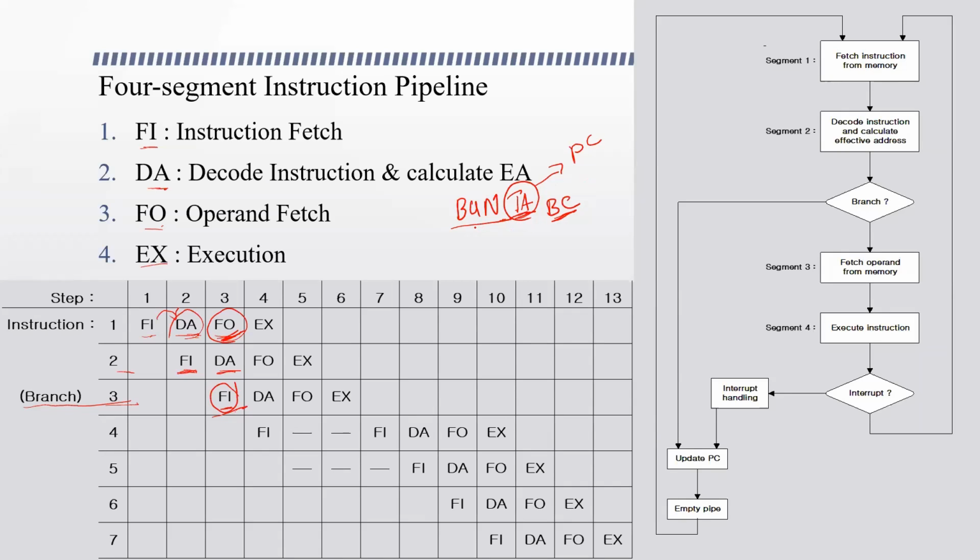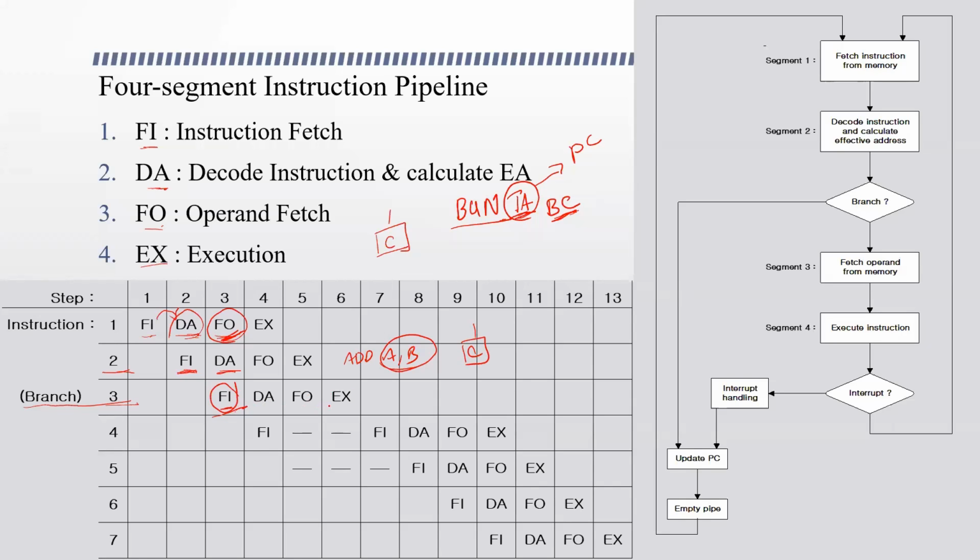And this branching can be done conditionally also. Such as if we give BC, meaning branch if carry, the carry flag is checked. If this is 1, it means there is carry from the previous execution. Suppose the previous instruction is some add, add A and B. If there is a carry out of this, the carry flag will be set to 1.